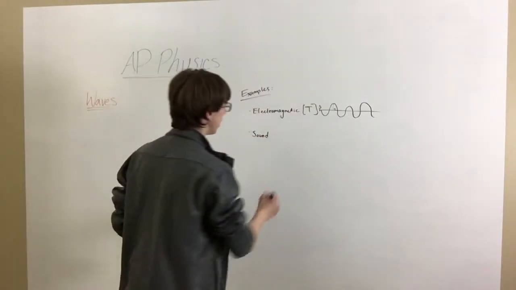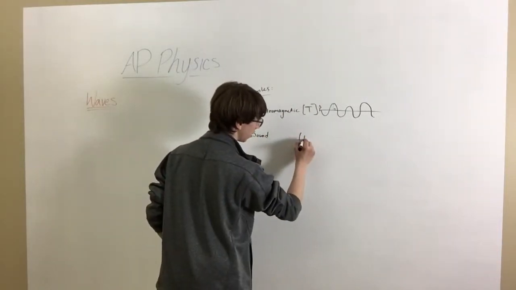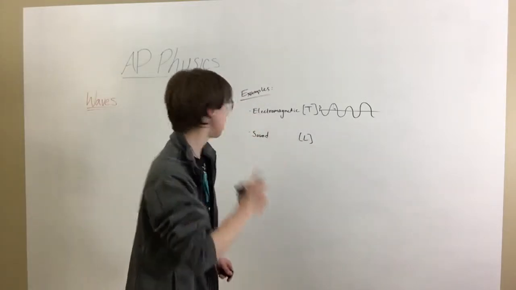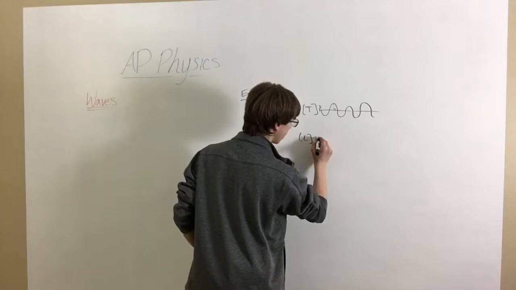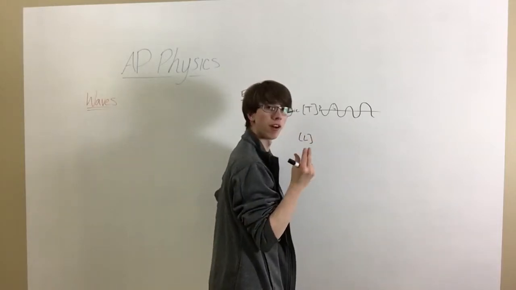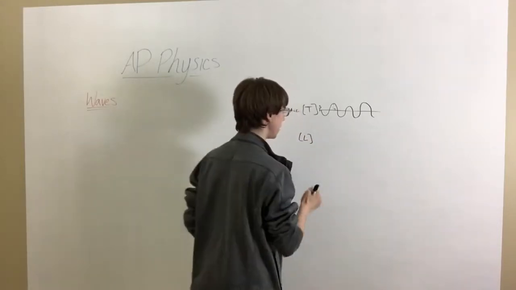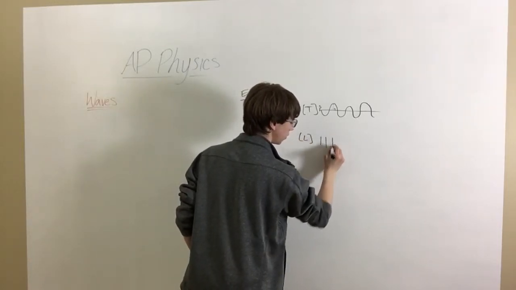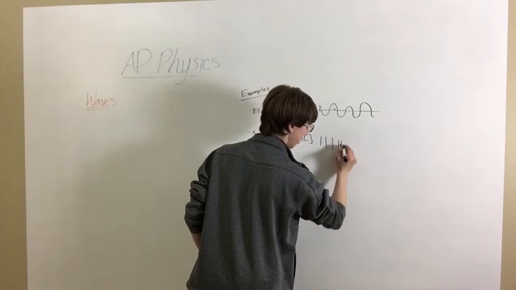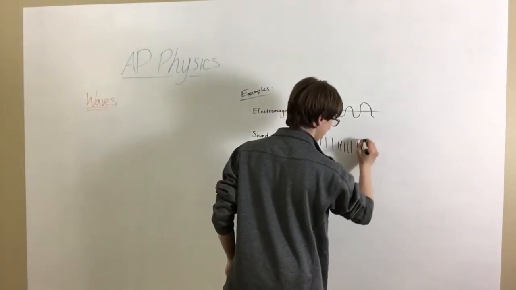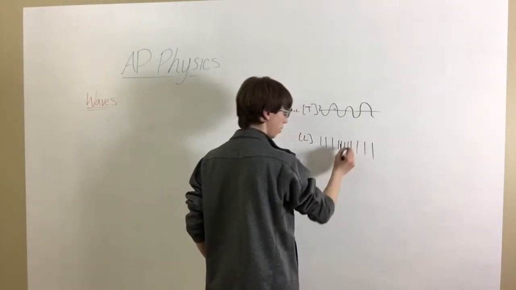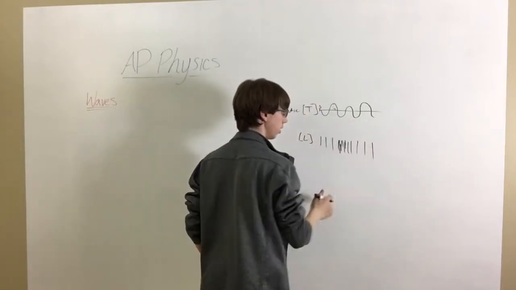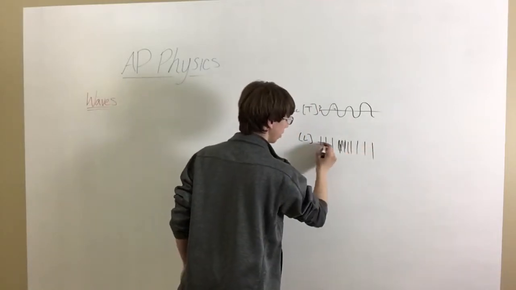Alright? Now, sound is an example of a longitudinal wave. And a longitudinal wave is essentially a clump of particles traveling across a medium. So here's an example, would be like this. You have all these spaced out parts, and then it gets closer together at this part right here. And this part travels across the medium.